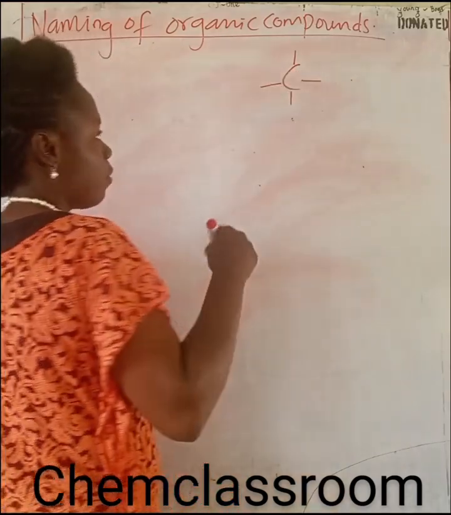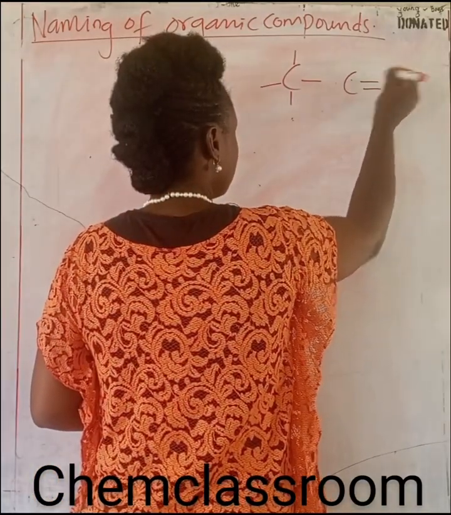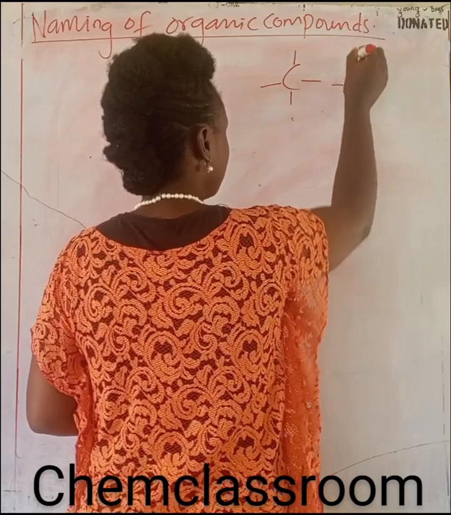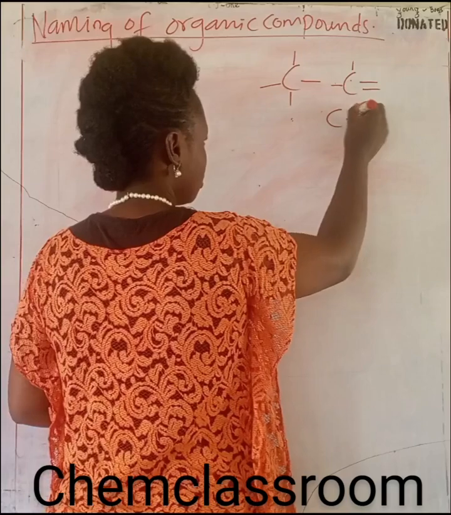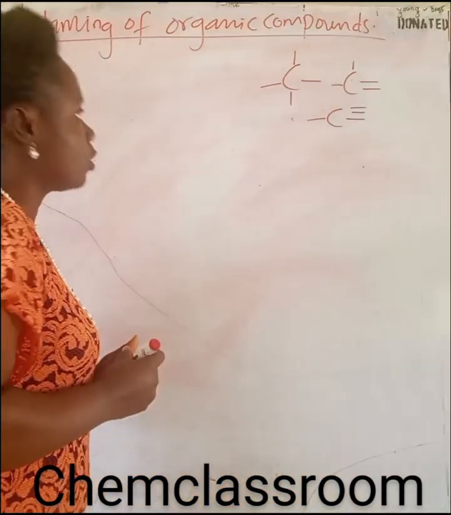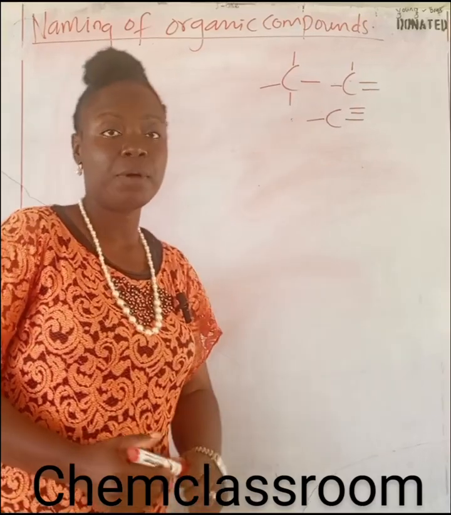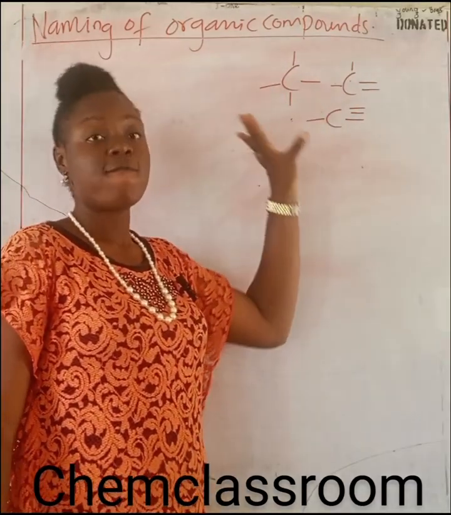So either you have a double bond, or you have a triple bond, you just have to make sure that the bonds surrounding each carbon atom are no more than 4 and not less than 4.